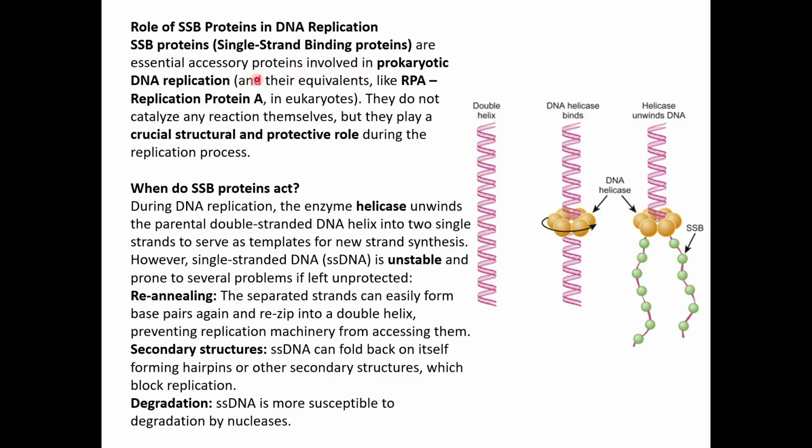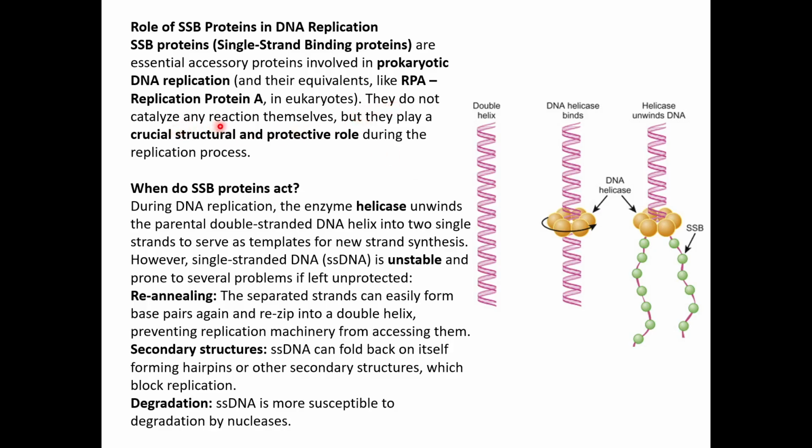In eukaryotes, their equivalent is RPA, replication protein A, and they have their major role to help prevent the re-annealing of the single strands together.